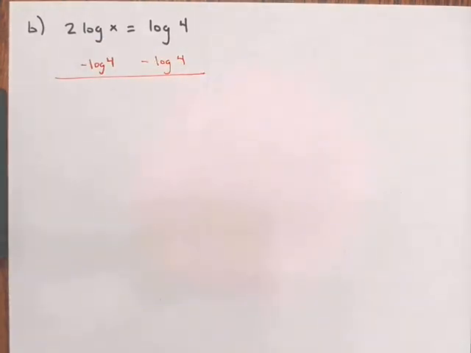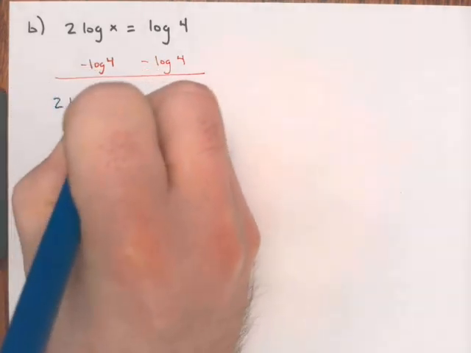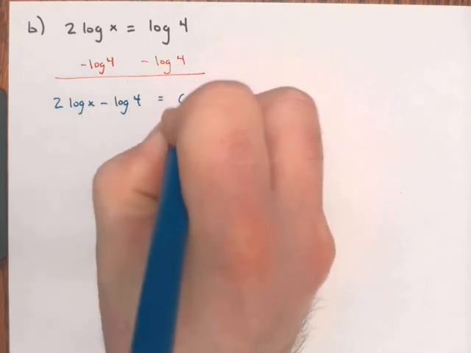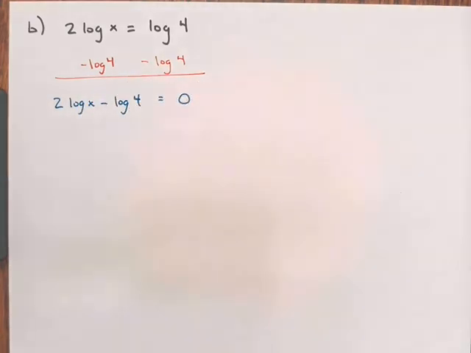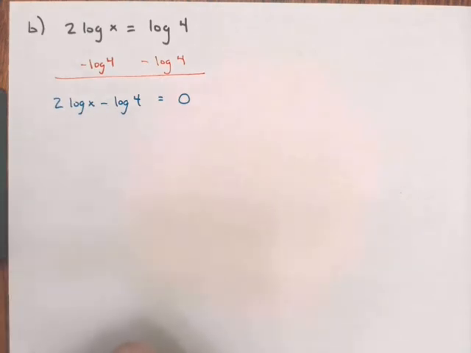That would give us 2 times log of x minus log of 4 is equal to 0. And then from here, we can go through and rewrite this using properties of exponents.